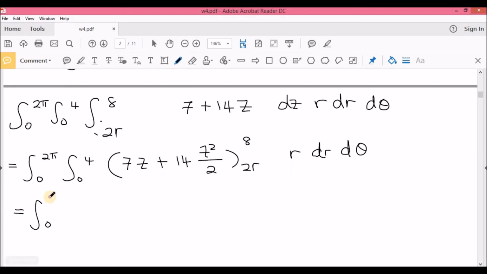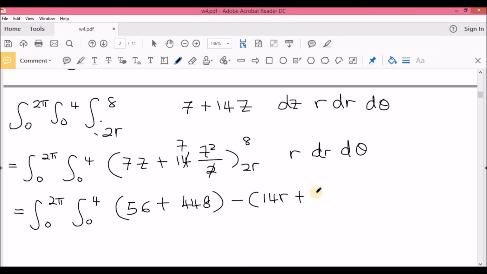This becomes the integral from 0 to 2 pi and 0 to 4 of 56 plus 448, minus 14r, minus 28r squared, times r dr d theta.